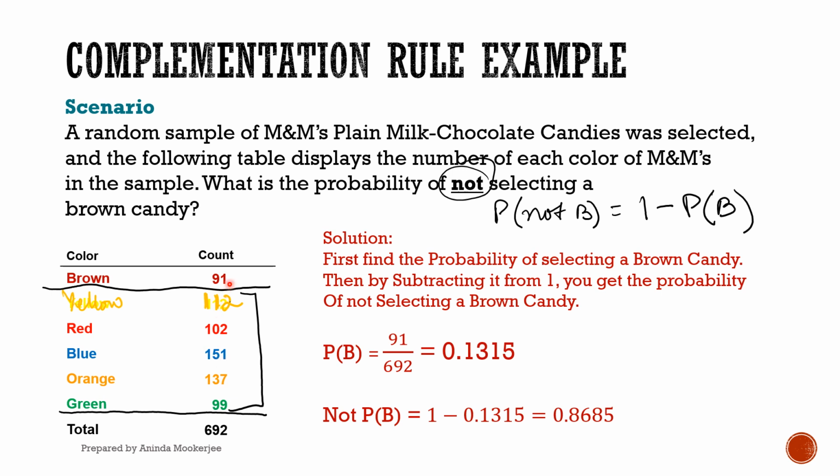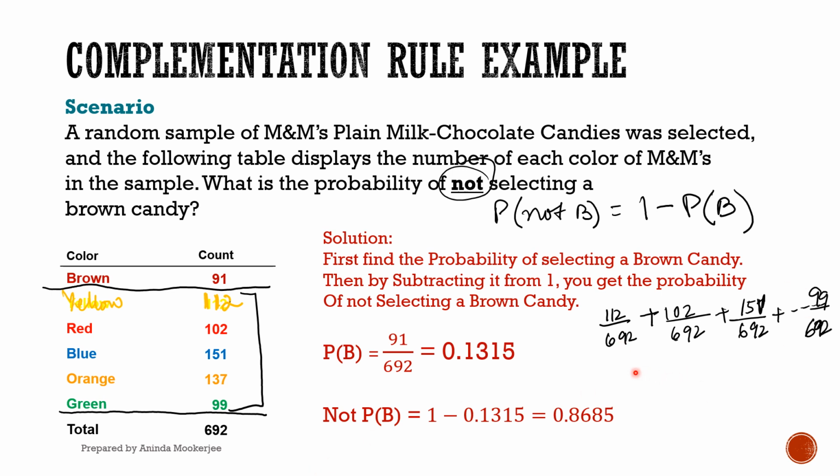We could have done 112 over 692 plus 102 over 692 plus 51 over 692 plus all the way up to 99 over 692, and then done the addition, right?